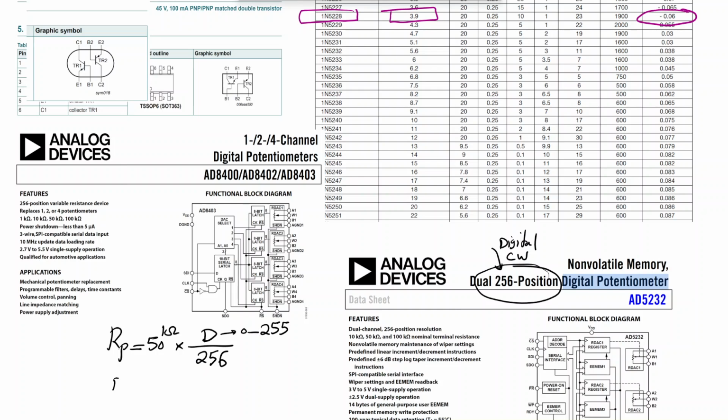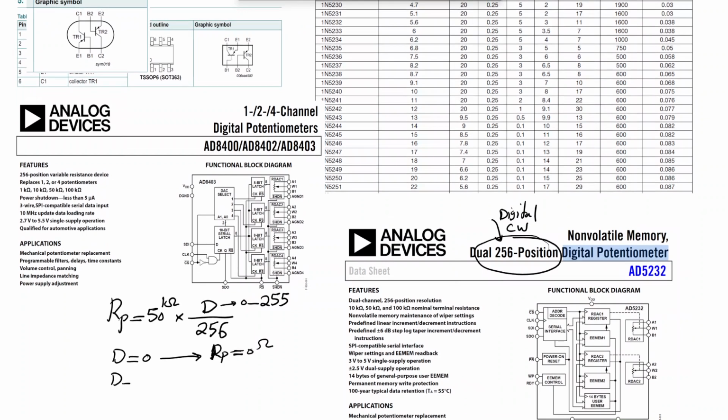So when the digital code word is 0, we get a resistance observed between the two terminals of the digital potentiometer of 0 ohm. When the digital code word is the maximum, 255, in the case of the 8-bit, 256-position design, which is the case for both of these, then we get RP effectively approximately the 50K max value.